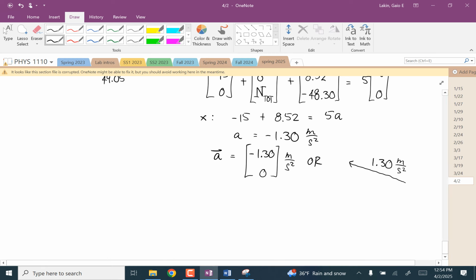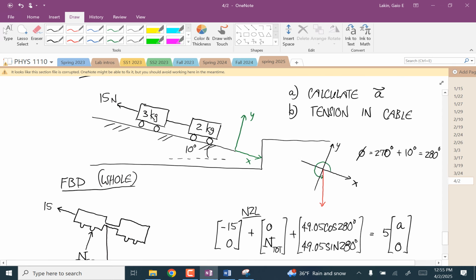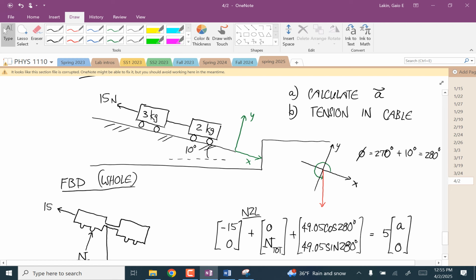Do we know whether this is speeding up or slowing down? We don't, because we don't know anything about the velocity. Yep.